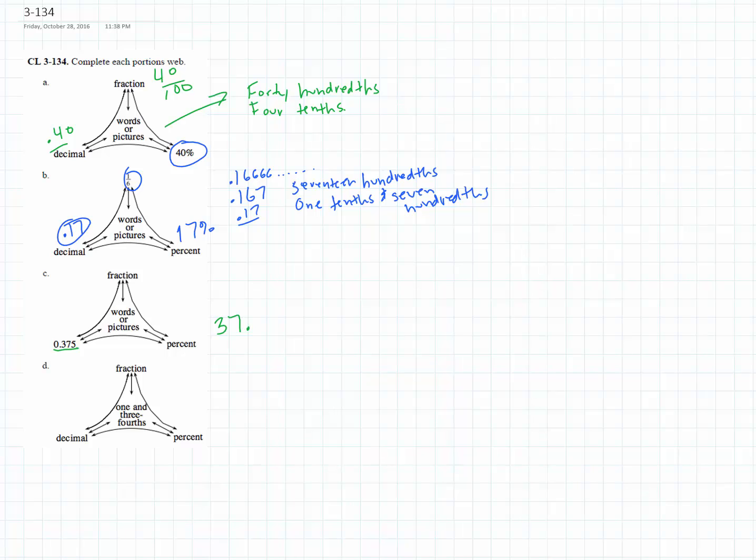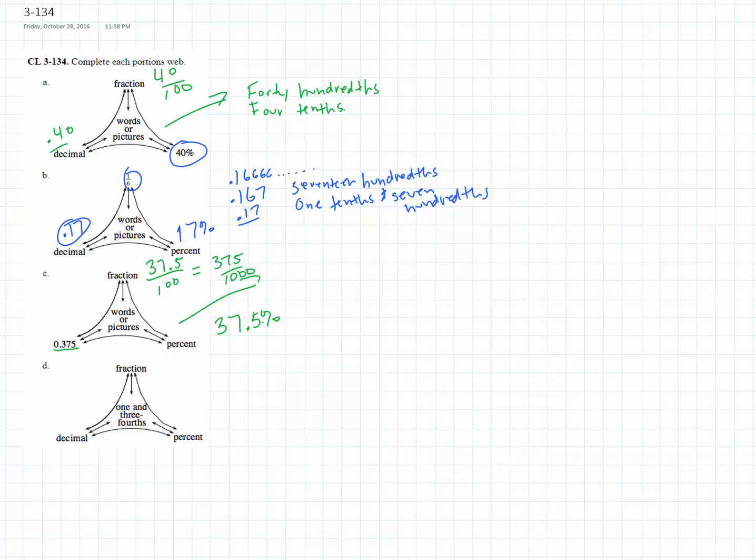So we're going to say 37.5%. For the fraction, we could also kind of say the same thing because it's out of 100. The percent's out of 100, but we're going to say that's 375 out of 1,000 because we don't like decimals in our fractions also.